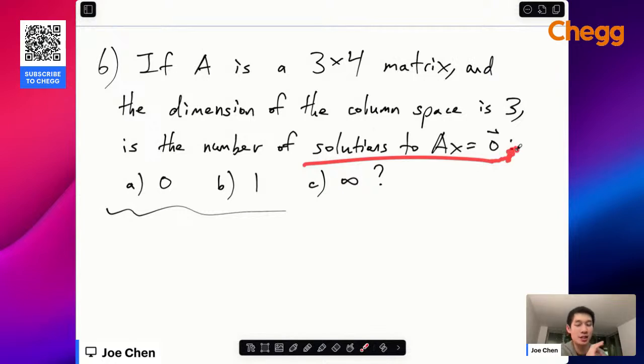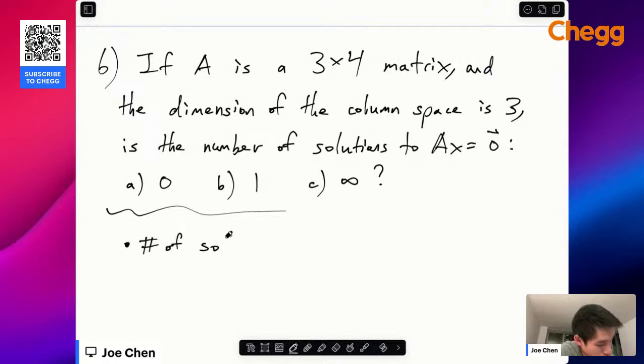The null space is exactly the set of the solutions to Ax equals 0. So the first thing to note is the number of solutions to Ax equals 0 is related to the null space.